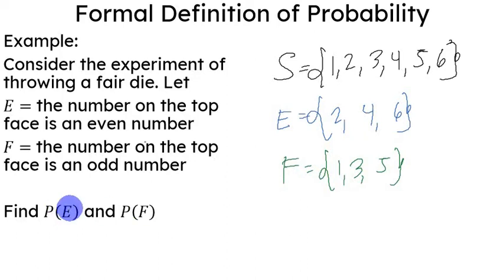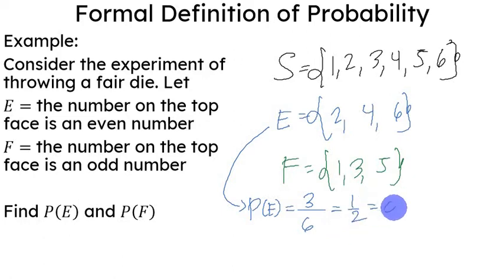So the probability of E would be the cardinality of set E, which is 3, over the cardinality of the sample space, which is 6. So the probability that the number on the top face is an even number is 3/6, or 1/2 in lowest terms. Presented in decimal, it's 0.5. In percentage, it's 50%.